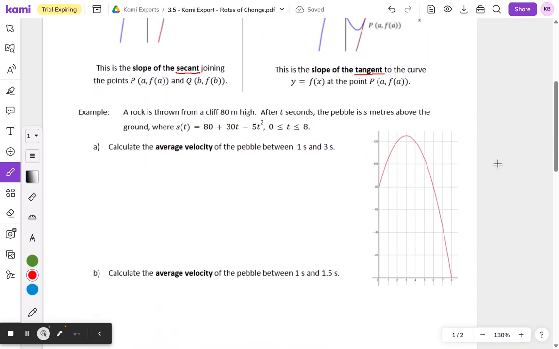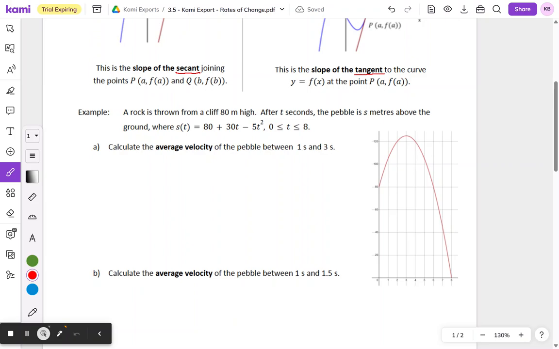All right, so here is the problem. A rock is thrown from a cliff 80 meters high. After t seconds, the pebble is s meters above the ground.